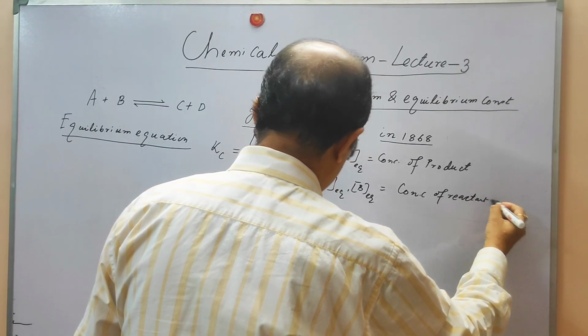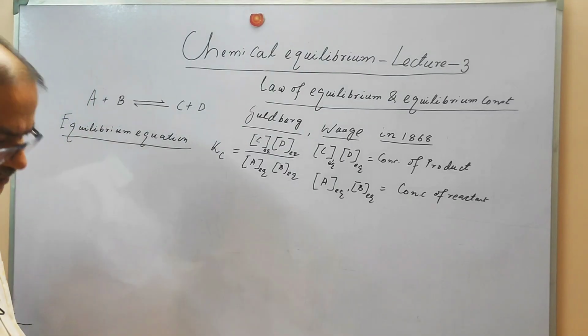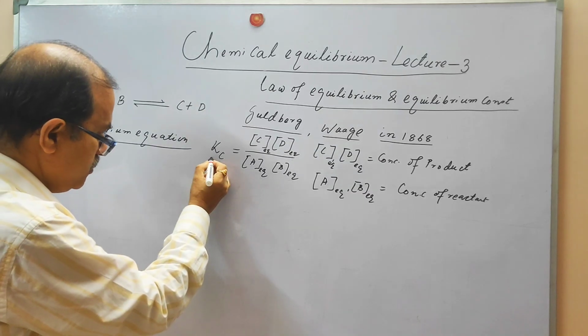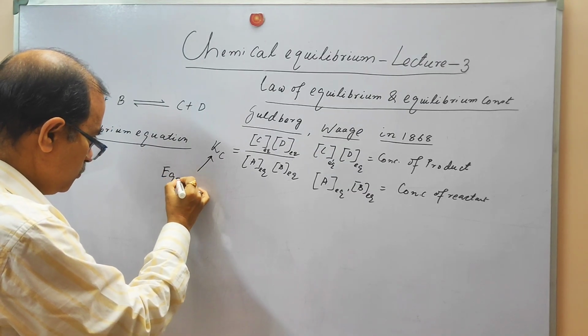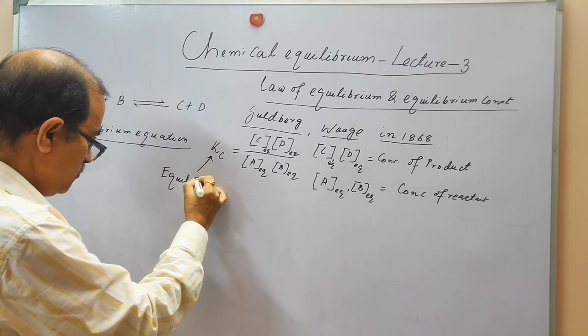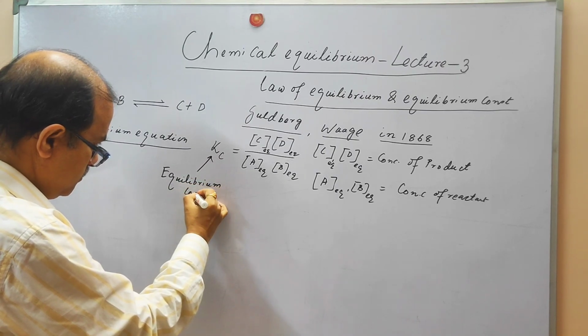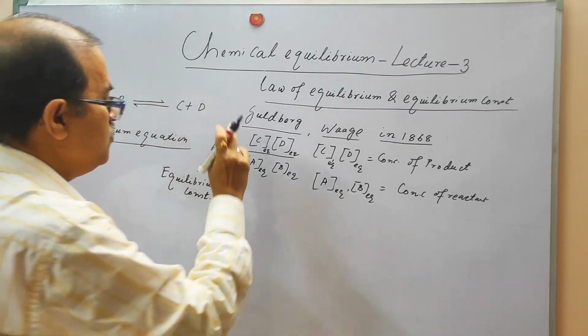So this is called the equilibrium equation, and there are two terms in this equation. One is the equilibrium constant, a very important thing, and the other is the equilibrium expression.